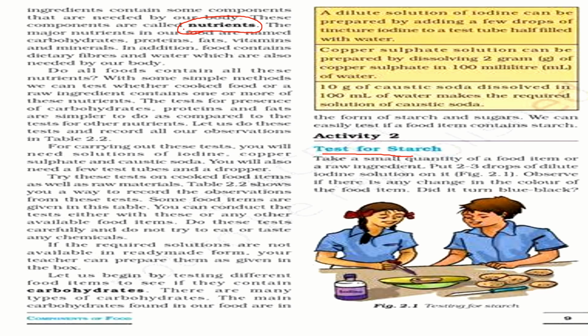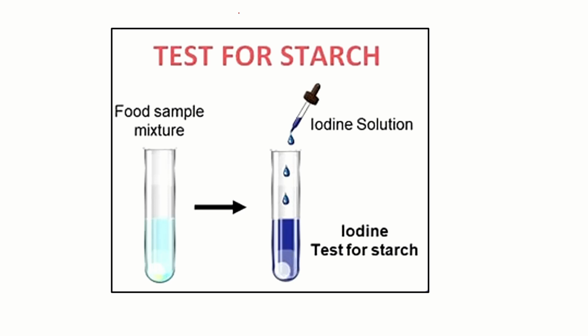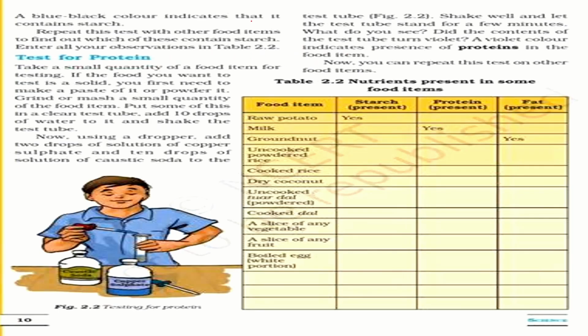We have tested for nutrients like carbohydrates, proteins, fats and vitamins. We have done the activity for starch, which contains carbohydrates, and next we moved on to protein. We have tested for protein also.